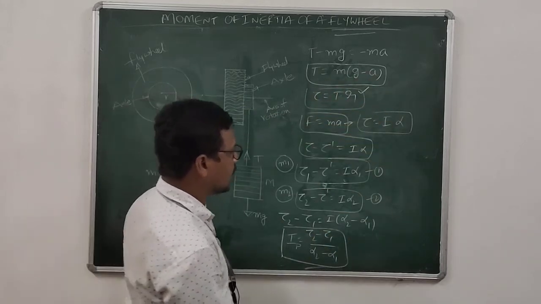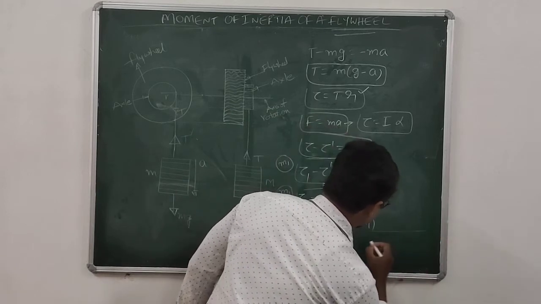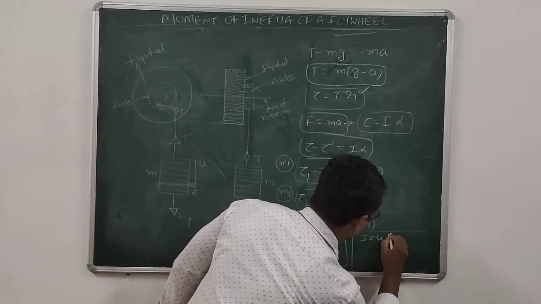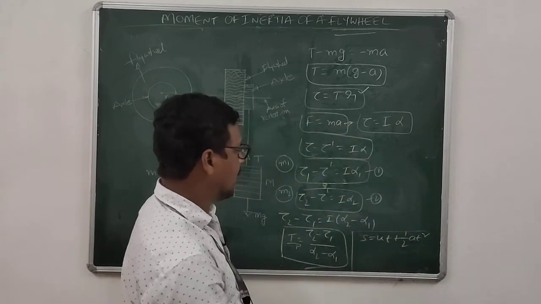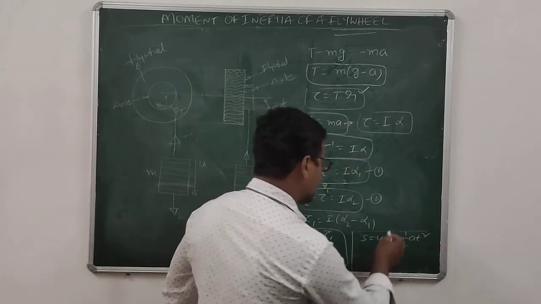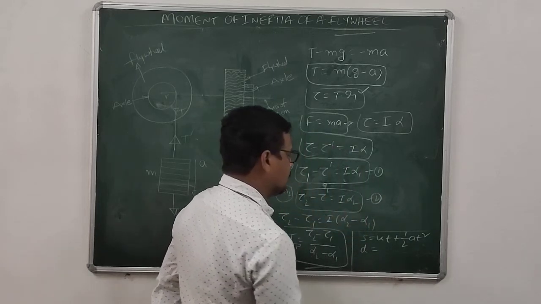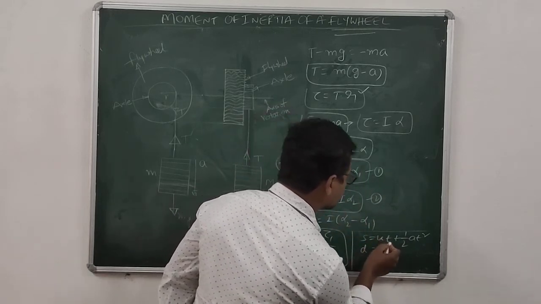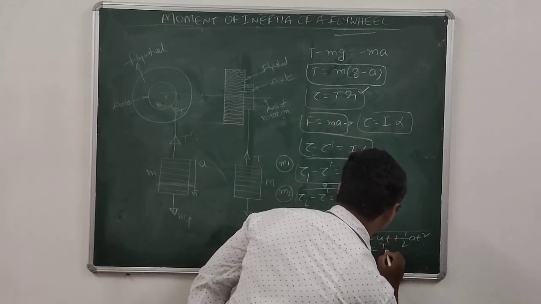Now coming to the angular acceleration. We know the equation s equal to ut plus half at square. I am writing it for rotating bodies, so s is replaced with d. Initially the velocity is 0, so this entire term becomes 0.